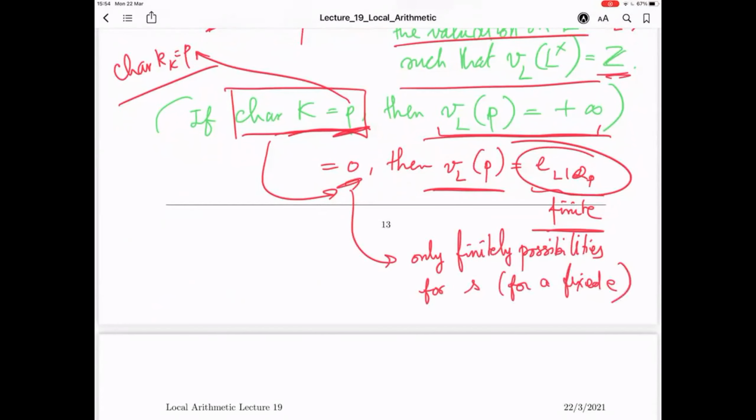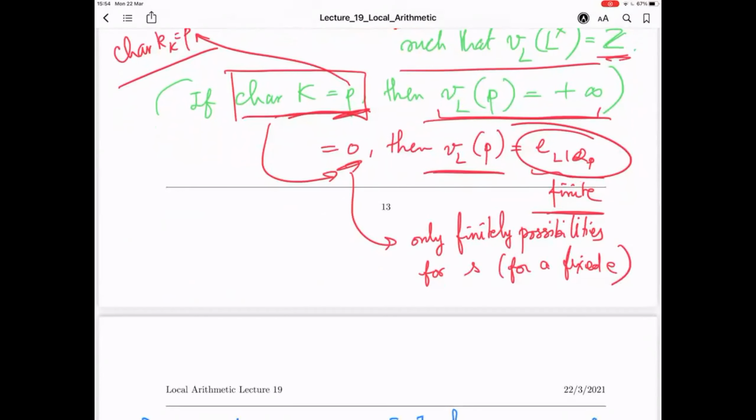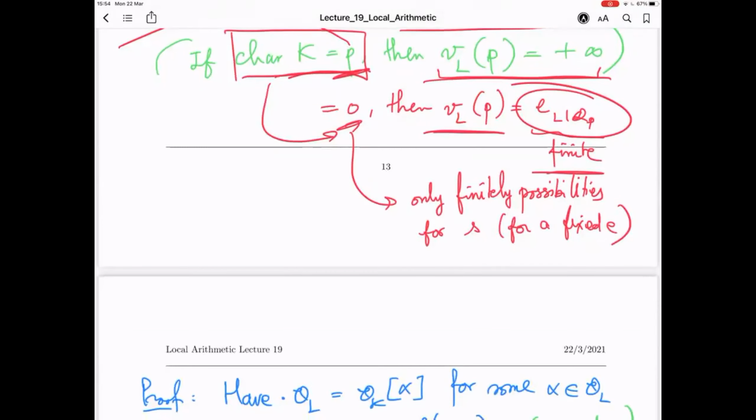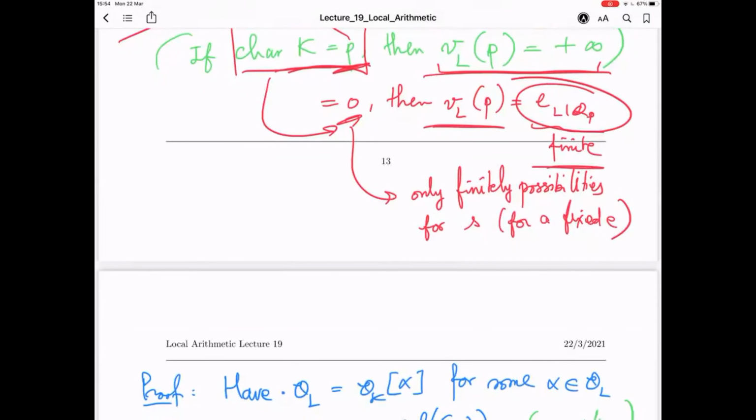If the ramification index is fixed, then the possibilities for the exponent of the different are only finitely many. Whereas if the characteristic of the field itself is P, then there are infinitely many possibilities. Okay, so let's prove this.